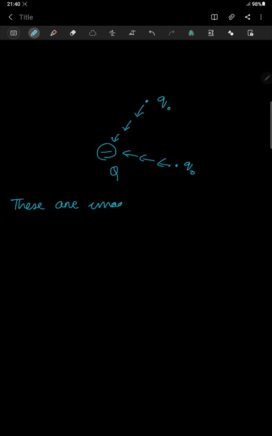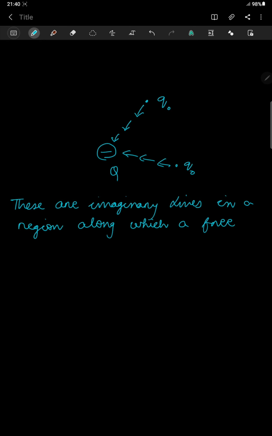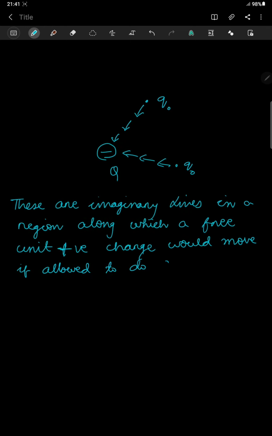imaginary lines in a region along which a free unit positive charge would move if allowed to do so.